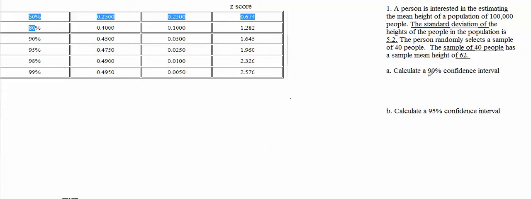So we want to calculate a 90% confidence interval and a 95% confidence interval. Before we can do this, we have to look at this information and decide if the sampling distribution follows a normal distribution. Meaning we have to think about whether the distribution of the means of the possible samples that we're drawing from follow a normal distribution.